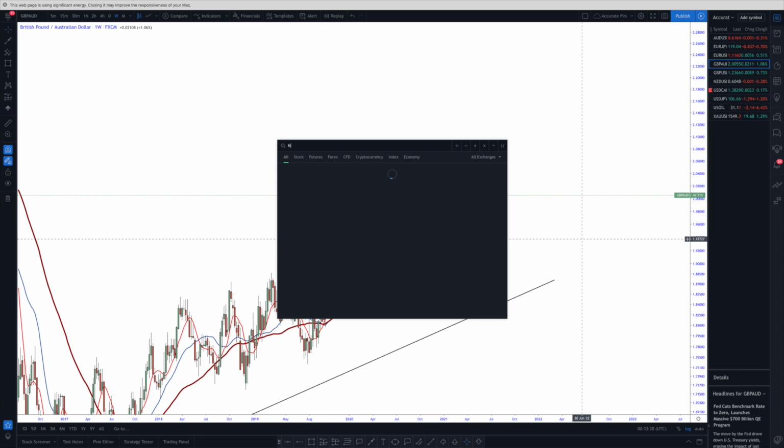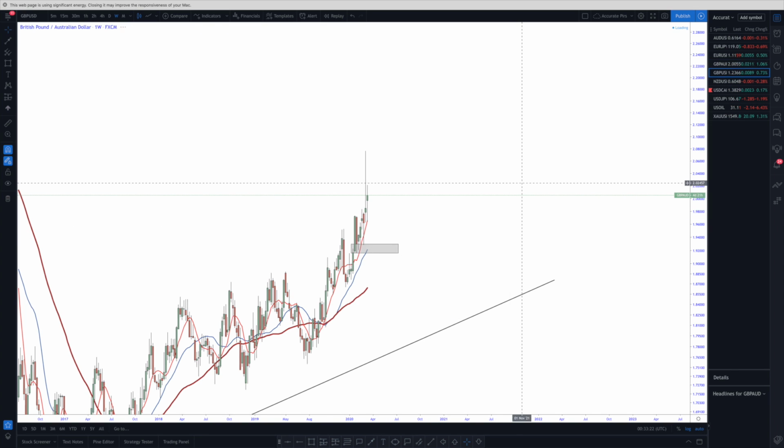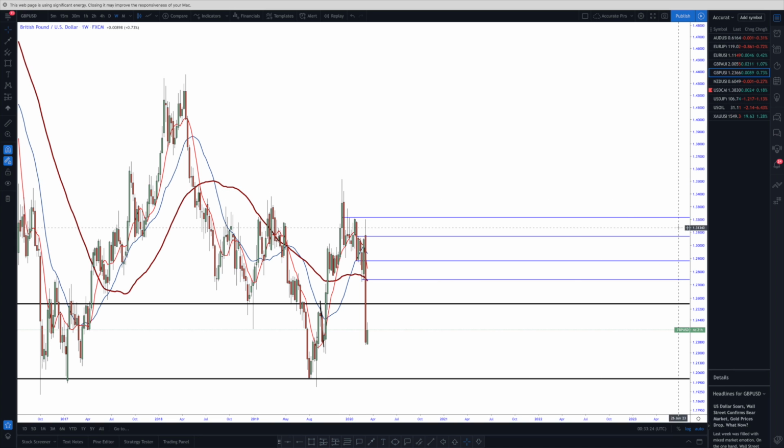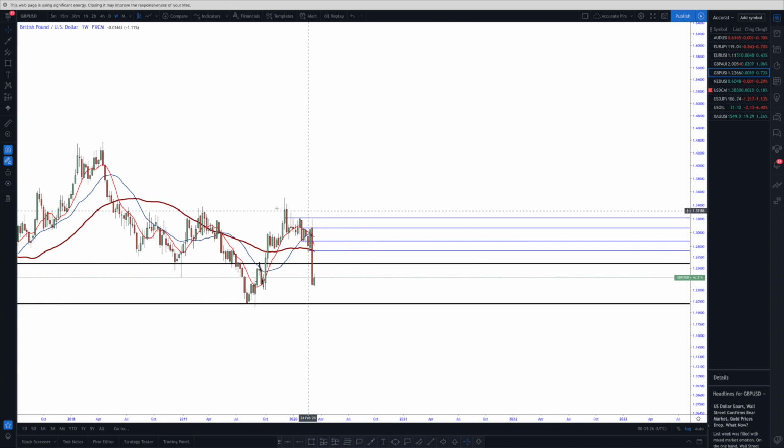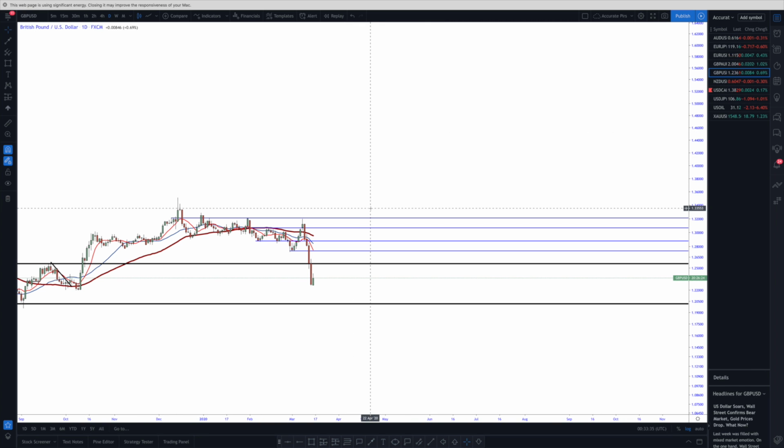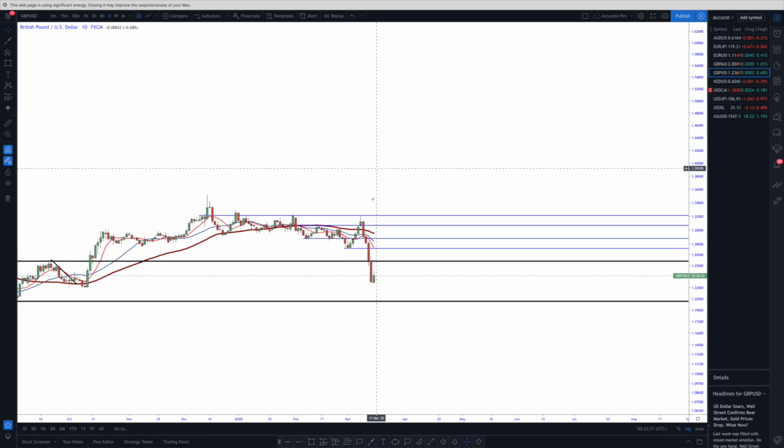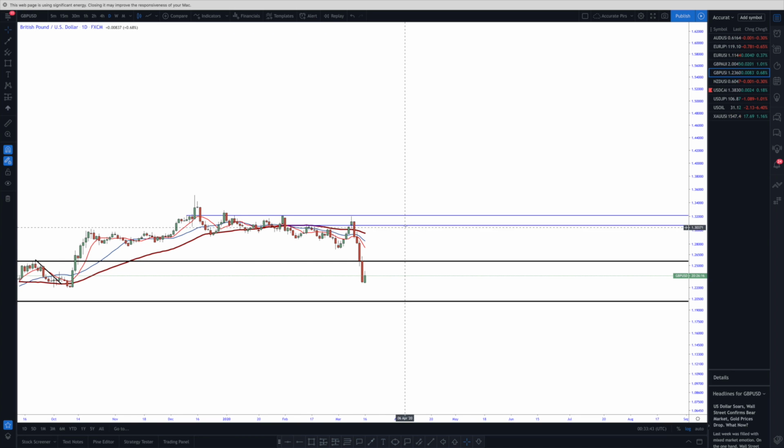Let's move on to GBP USD. Wow, look at that long bearish candlestick. That was all last week. These are the few levels I noted down last week, these temporary levels here.